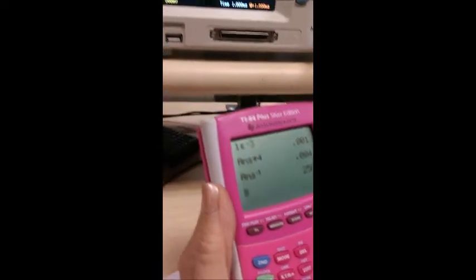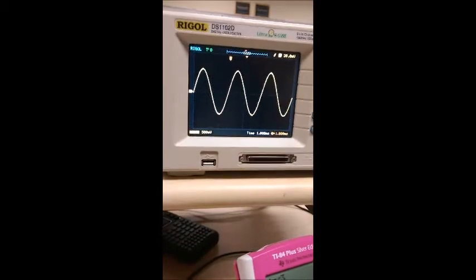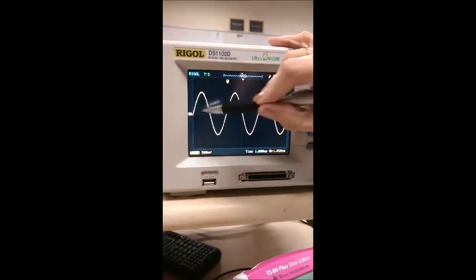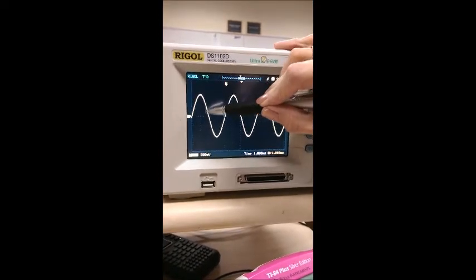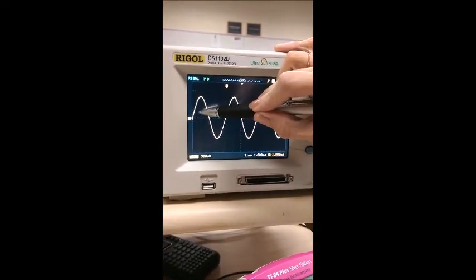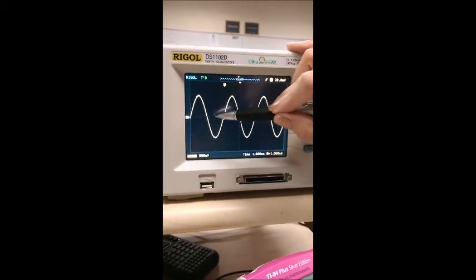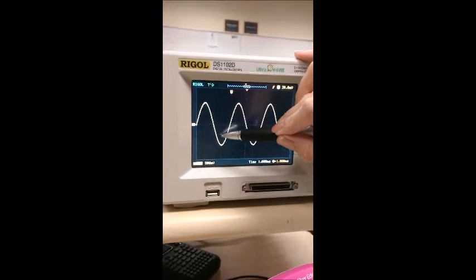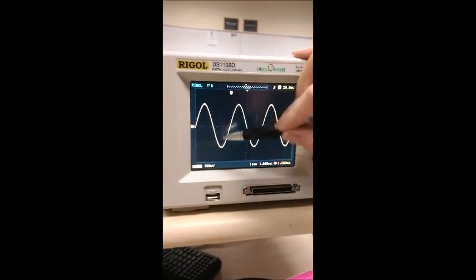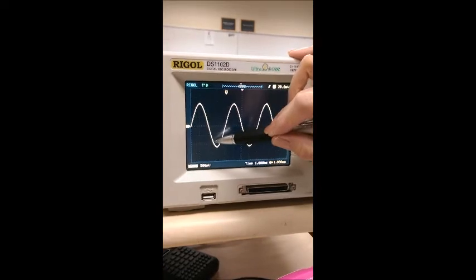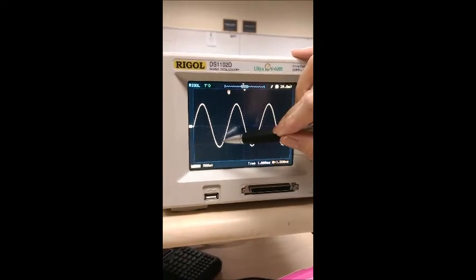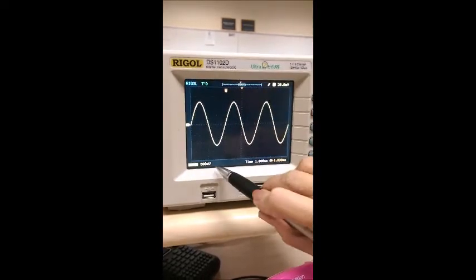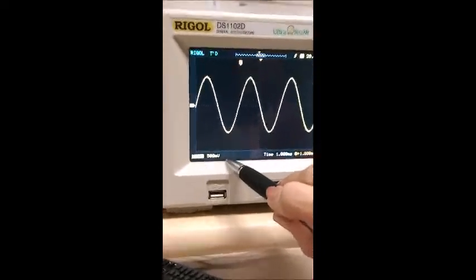The next thing that we'll be looking at is our voltage peak to peak. To find voltage peak to peak, you're going to start at your 0, counting up to your highest peak, which would be in divisions 1, 2, and a half. And then starting at 0 and counting down to your lowest peak would be 1, 2, and a half. So we have approximately 5 divisions in our example here. We are going to be multiplying that by our 500 millivolts.